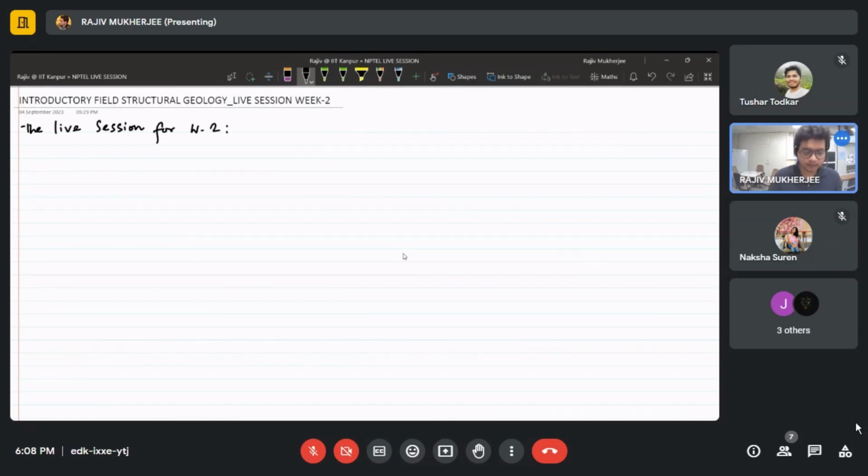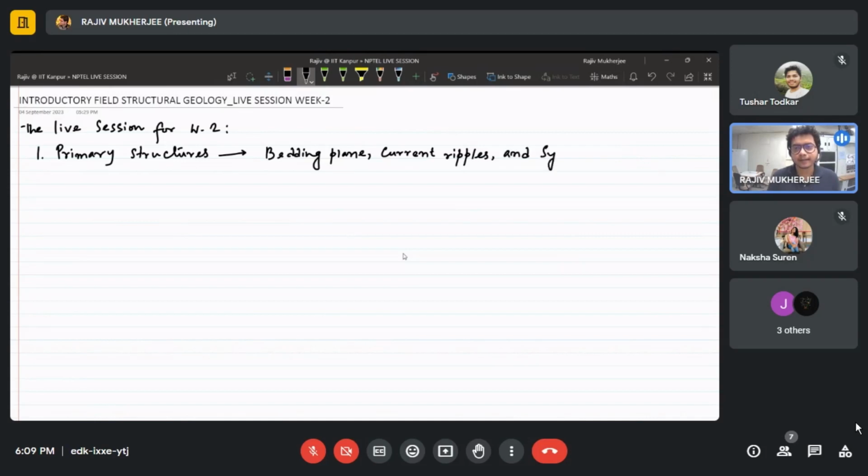In this week we have been taught about primary structures, which includes bedding plane and most importantly the current ripples and sin sedimentary deformations, right?